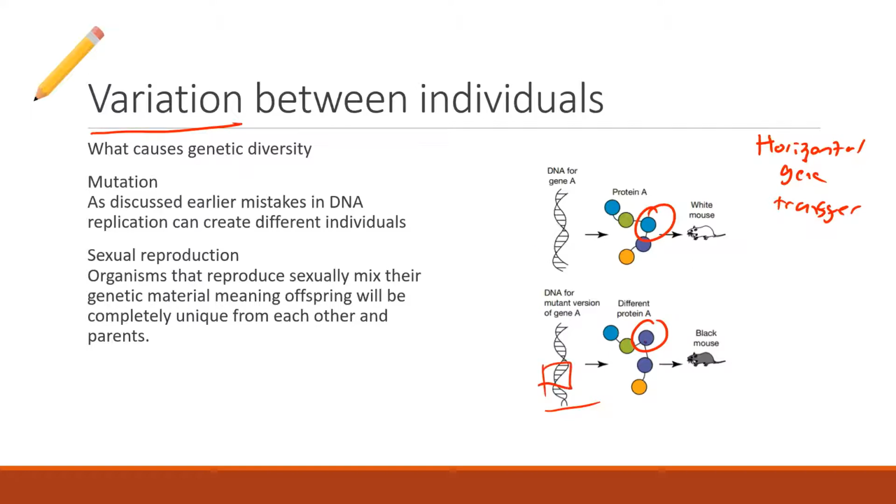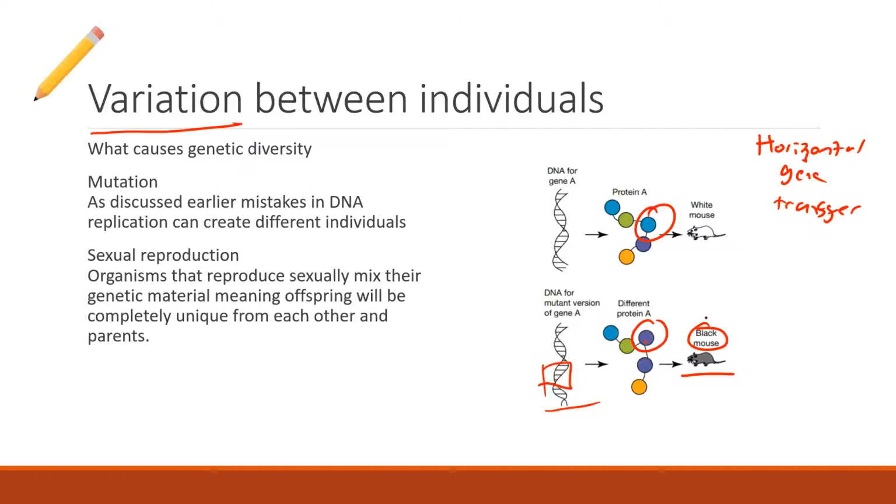And that mistake makes a different kind of mouse. Maybe that protein is supposed to make white fur, but because it's got that extra thing, it doesn't work very well, and so it makes black fur instead. And so you end up with a black mouse. And that black mouse may find hiding in the dark a lot easier than the white mouse, and so that might be a trait that goes on to get passed on.